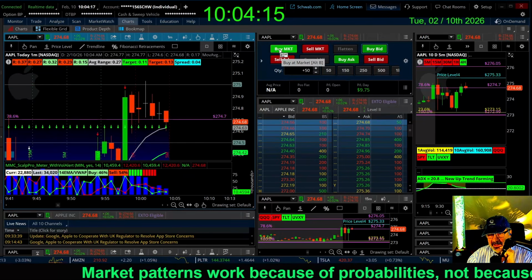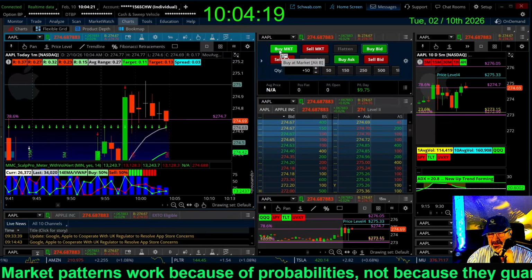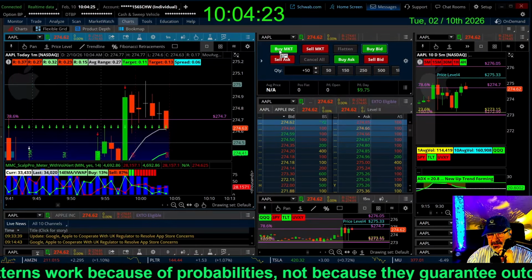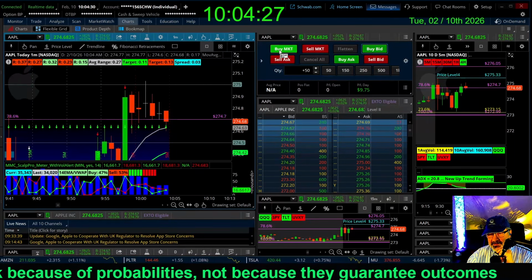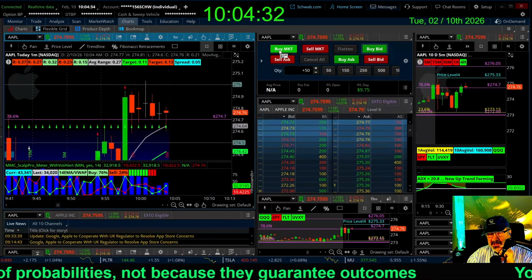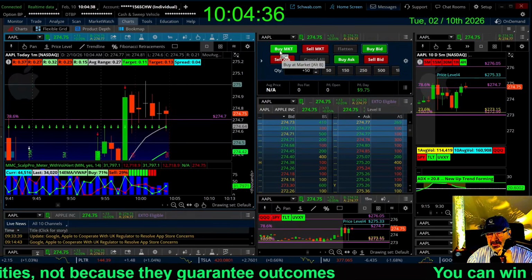Come on, pound down a little bit, and then turn right around, of course. Wow, this is so slow, it's almost not worth trading. Okay, so it definitely is moving. It's making 15 cents in 10 seconds.